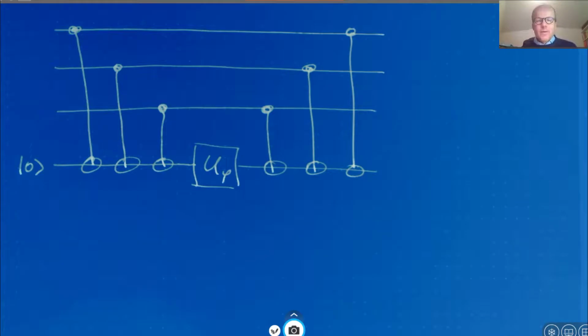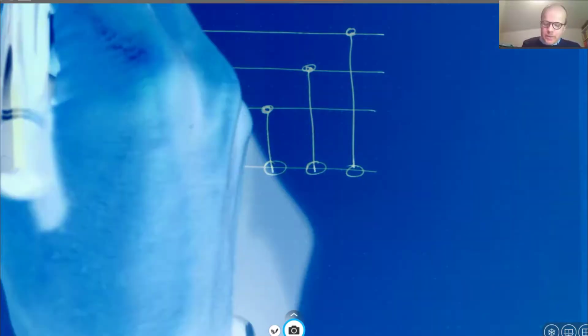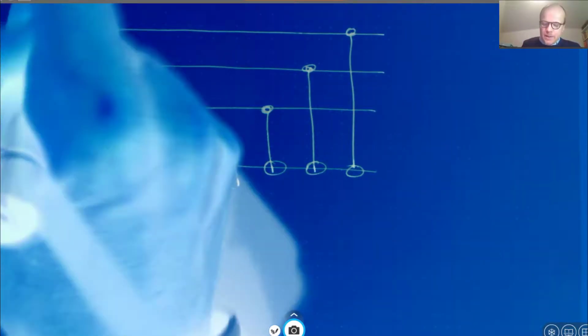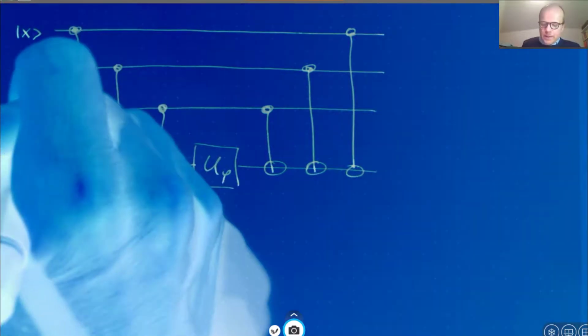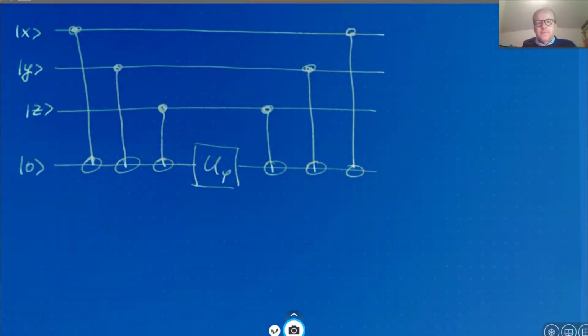Let me consider what happens if the 3 input qubits are in respective basis states x, y, and z, where x, y, z are either 0 or 1. And of course the overall transformation effected by the circuit is uniquely specified if I know what happens to arbitrary combinations of basis states.